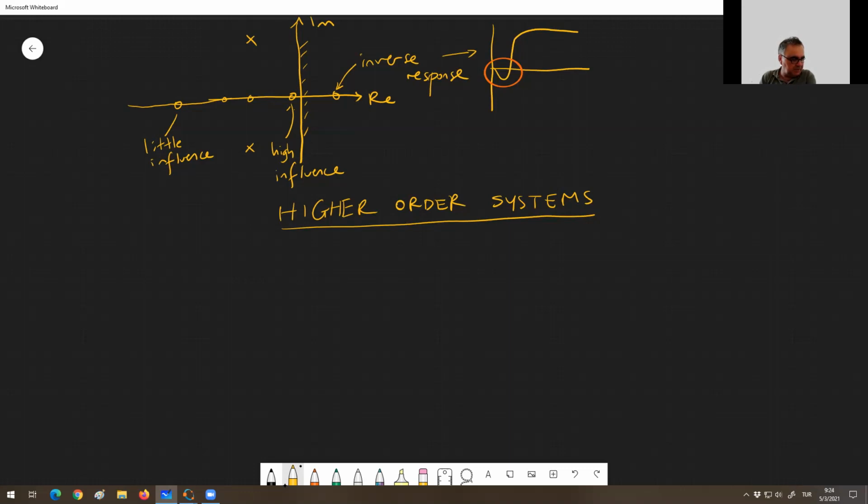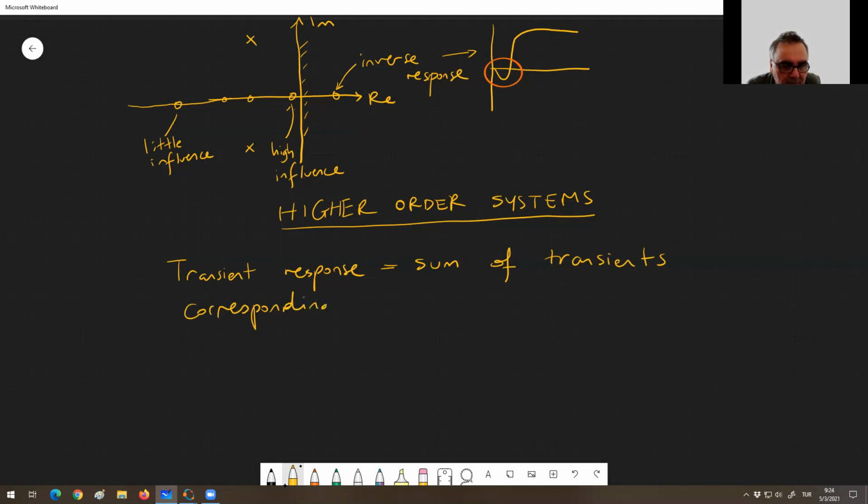It can be described by all sorts of equations, and basically the transient response of such systems equals the sum of transients, let's say, corresponding to poles.